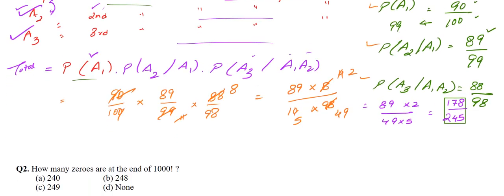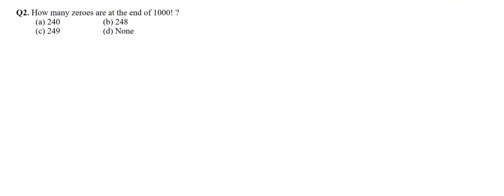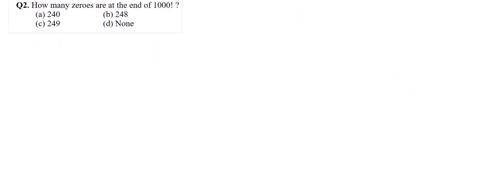Now let's move on to the second question. So here is our second question. It says, how many zeros are at the end of 1000 factorial? First of all, all of us know what 1000 factorial is, which is written as 1000 into 999 into 998 and so on till 3 into 2 into 1.